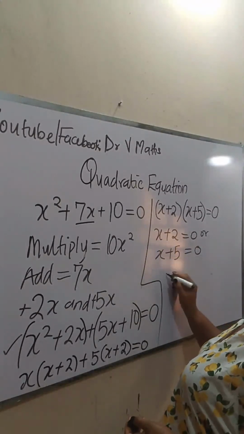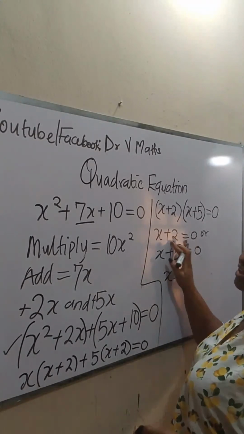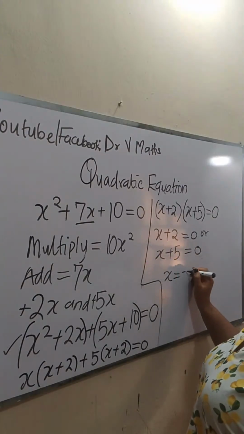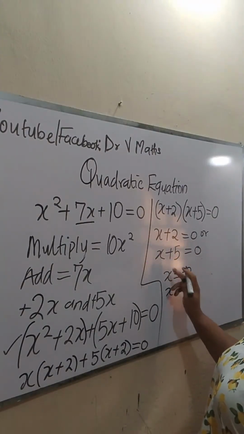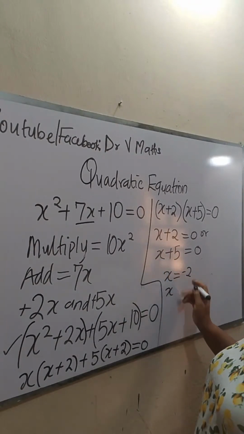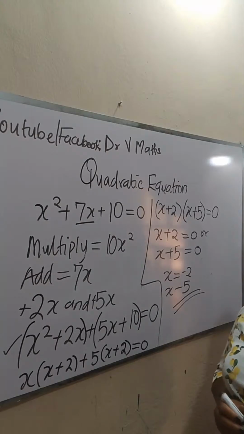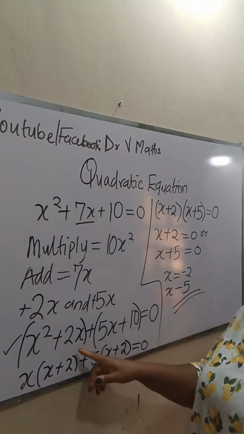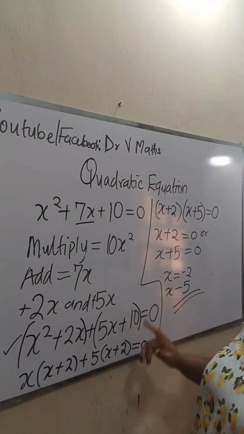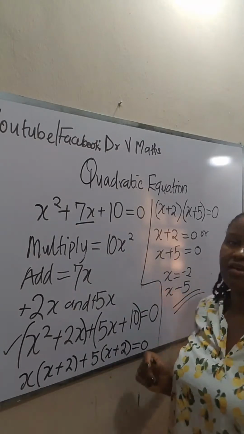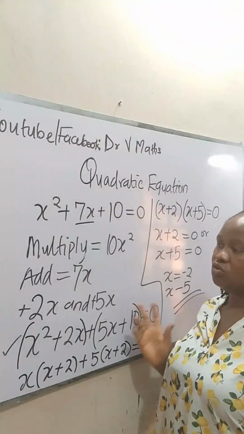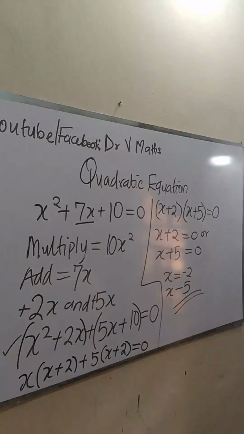So here, x is equal to, when this positive 2 crosses the equality sign, it becomes negative 2. Else here, when this positive 5 crosses the equality sign, it becomes negative 5. As you can see, we have the same answer. So it doesn't matter whether you put 2 first or the other one. It doesn't matter. What matters is that you must arrive at the same answer. Okay. So let me do one more example on factorization.